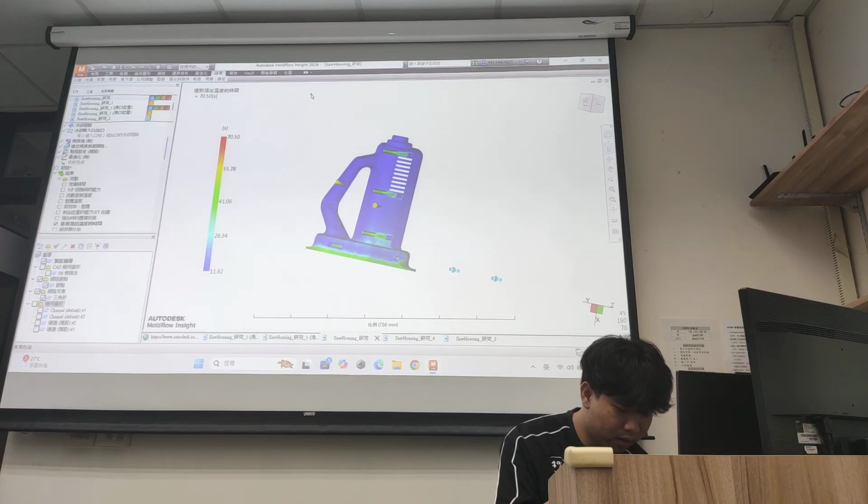The deeper base region dictated the overall cooling cycle. If we want to reduce cycle time, we must improve the cooling efficiency in these specific areas.